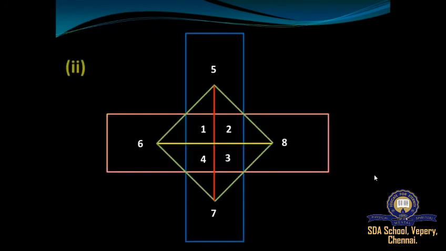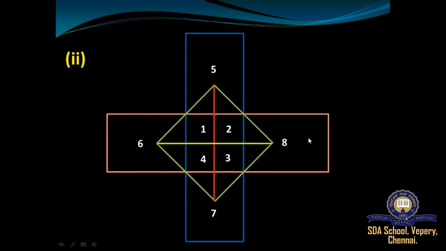Understood, students? Now we'll move on to the second subdivision, you are supposed to find the number of squares. Okay, so likewise for easy simplification, I have listed down the numbers. Okay, so this will be one square, 1, 2, 3, 4. Okay, and the fifth one will be one square, sixth one will be one square, seventh one will be one square, and eighth one will be one square.